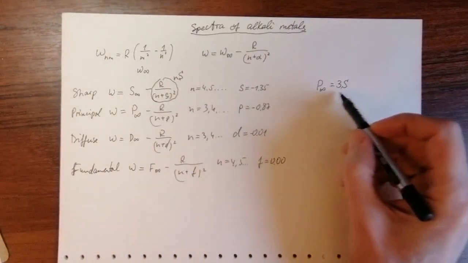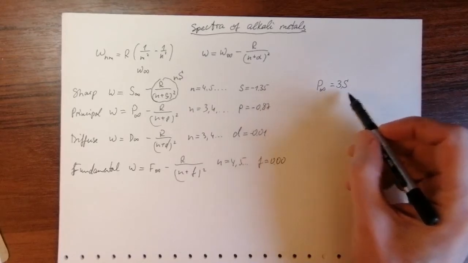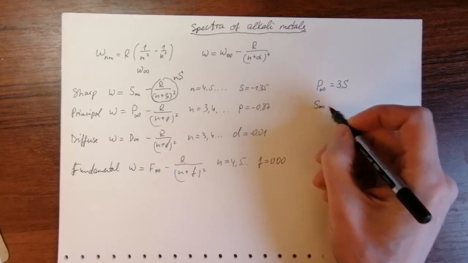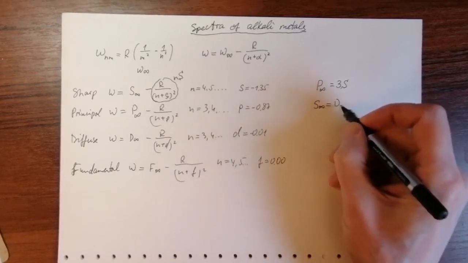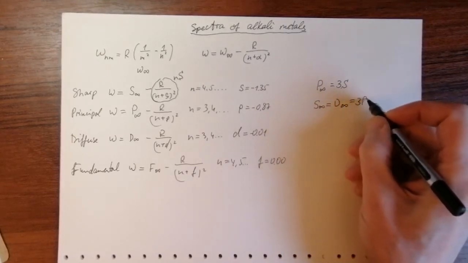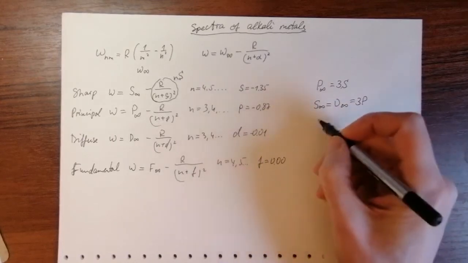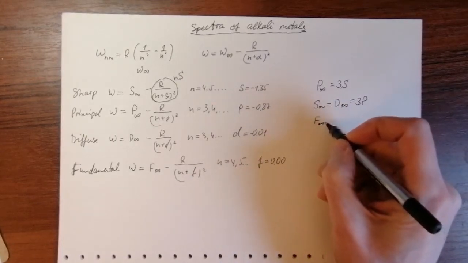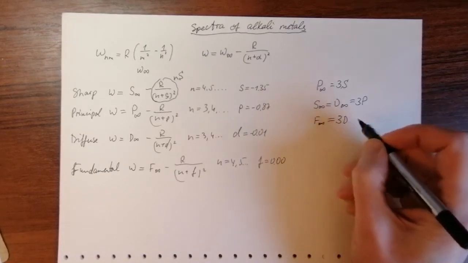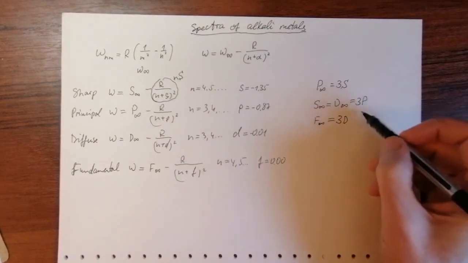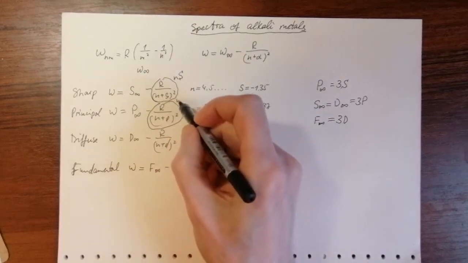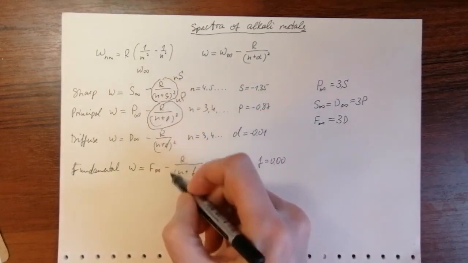Next, it was established that s infinity is equal to g infinity, and it is equal to 3p, and f infinity was found to be equal to 3d. Also, this is the term np, and so on.